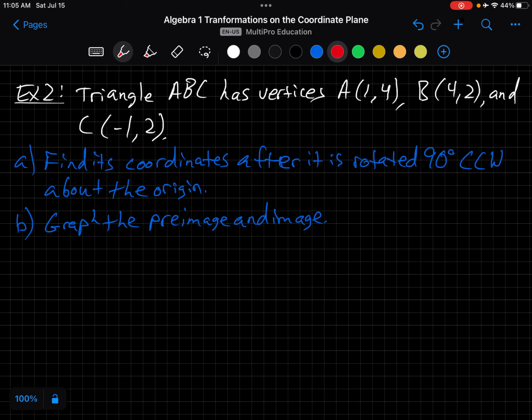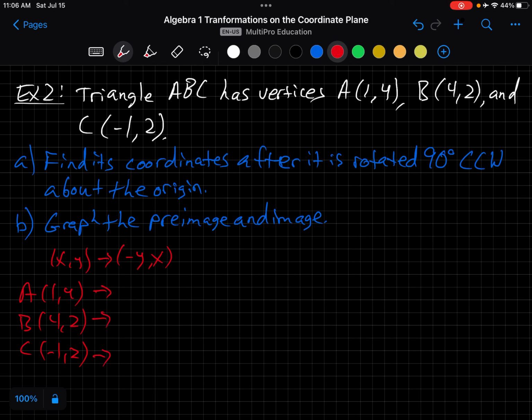Okay, so let's look at part A. So if we recall, when we have x comma y, this becomes minus y, x. Okay, so we had A 1, 4, we had B 4, 2, and we have C -1, 2.